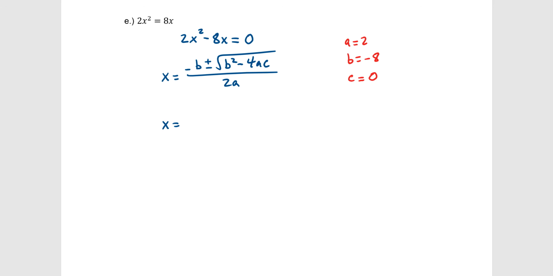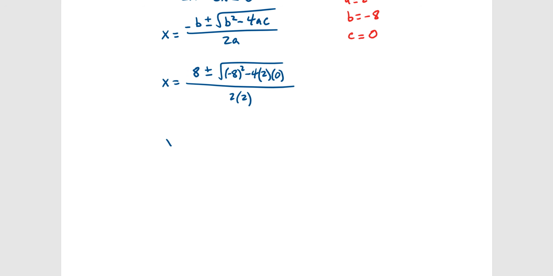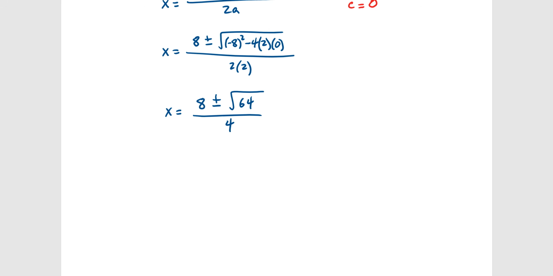We get x equals negative 8, so that's just positive 8, plus or minus the square root of negative 8 squared minus 4 times a times c all over 2 times 2. And simplifying under the radical, we have 8 plus or minus the square root of 64 minus 0, so it's just the square root of 64 all over 4.